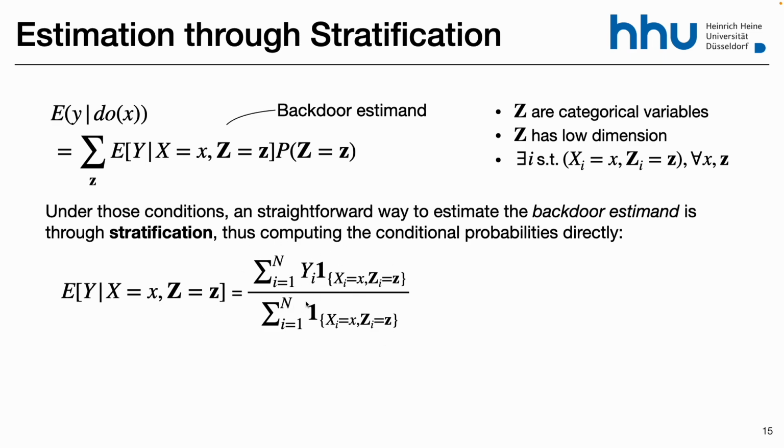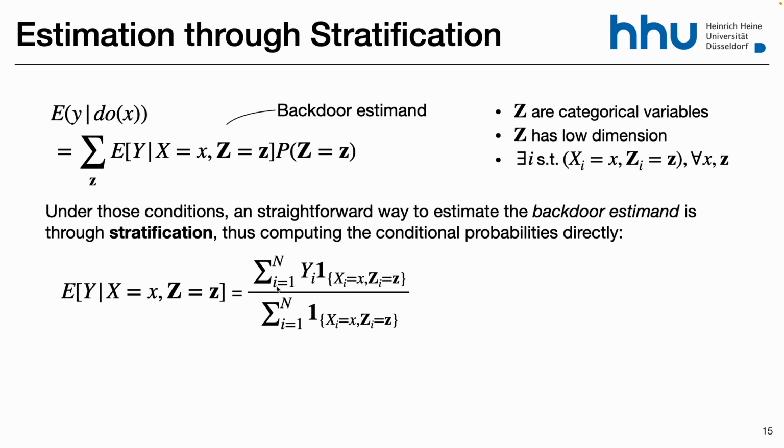So this is the sample mean estimator. Basically, I'm getting all the y's, so that's the indicator function, all the y's such that x equals x and z, assuming that I have a sample.